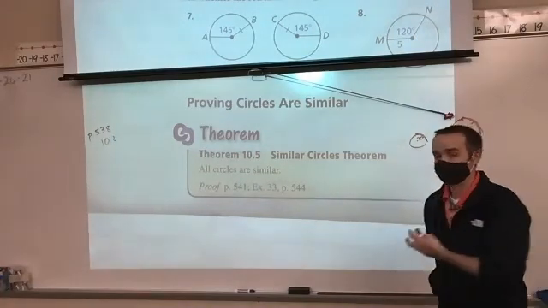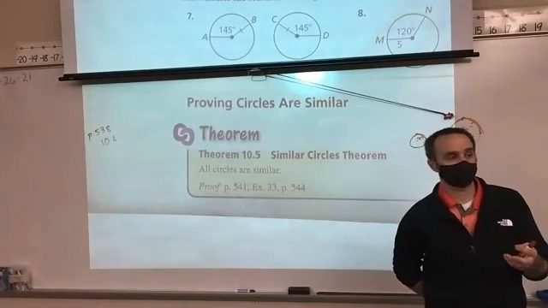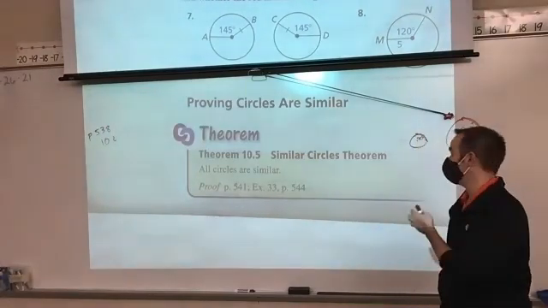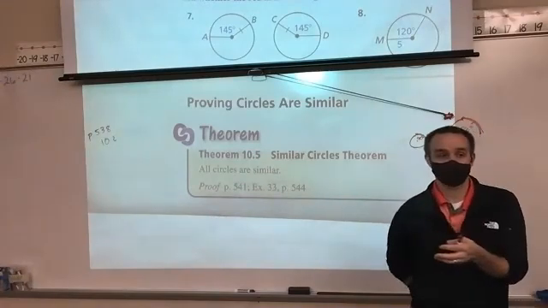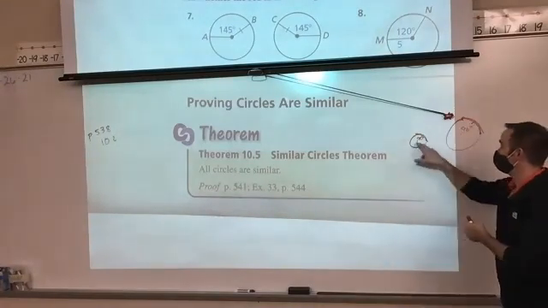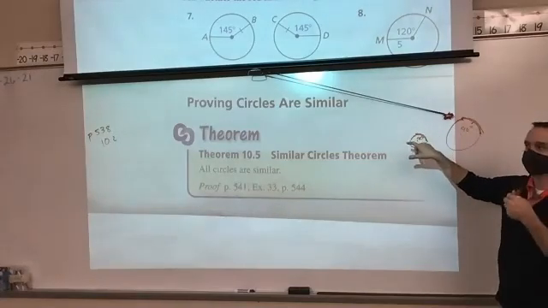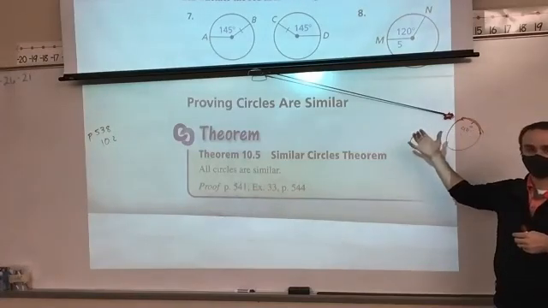Well, we don't have angle measures now, so we don't have to worry about that. And in terms of side lengths being proportional, the only thing that we have are the radii. And the radii are always the same no matter where you have it in the circle, so they're always going to be proportional.